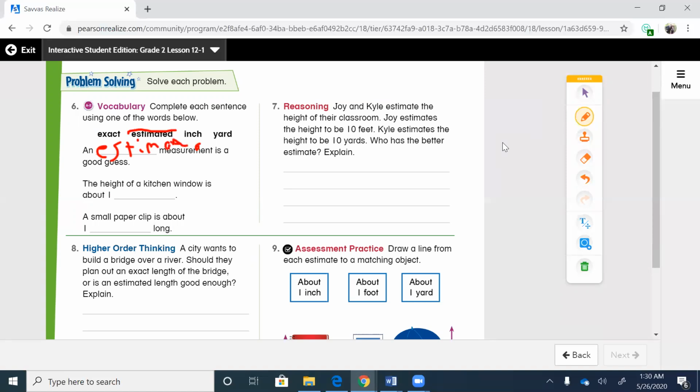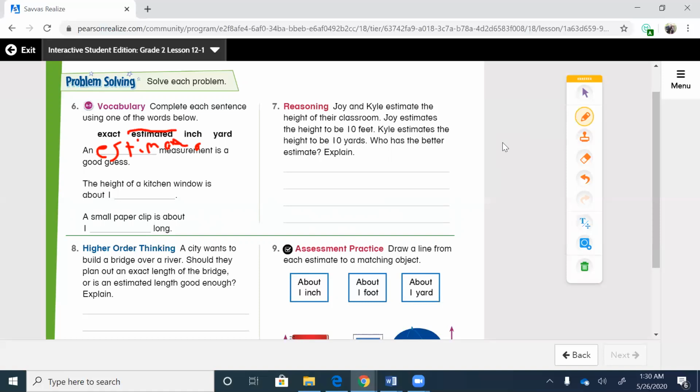The height of a kitchen window is about one, what do you think? So we're talking about a kitchen window. Do you think it would be 1 inch? Remember, a paperclip is an inch. So we only have foot and yard. The height of a kitchen window is about 1 foot?